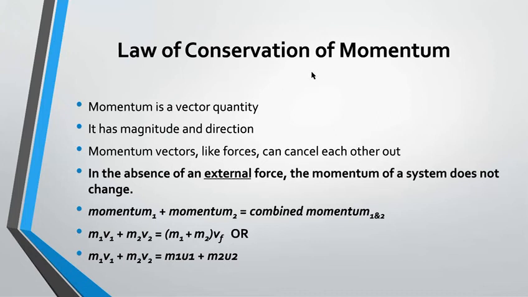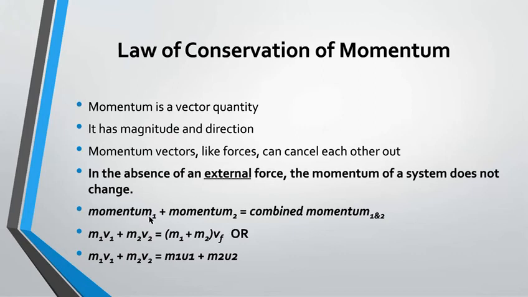And the law of conservation of momentum states that in the absence of an external force, means if no external force is acting on an object, then the momentum of a system does not change, means it remains constant.